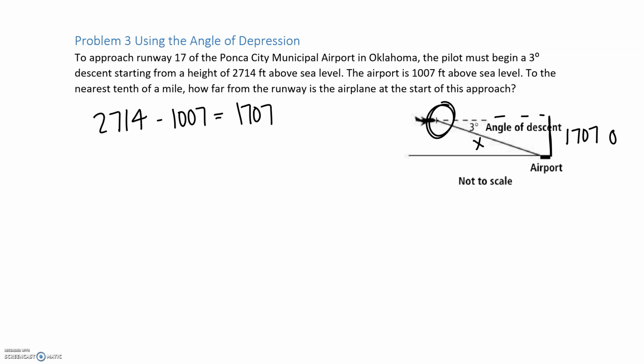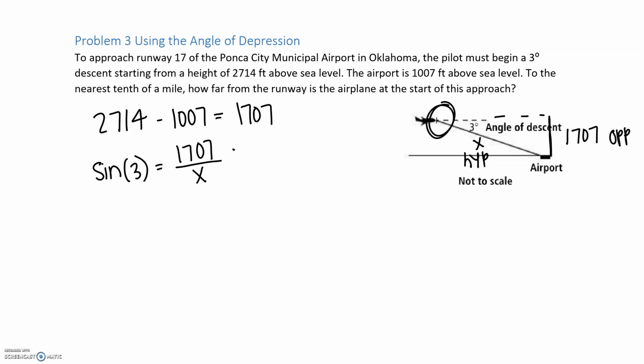So right now we have an opposite side and we have a hypotenuse. Okay, so if we're using opposite and hypotenuse, when we use SOHCAHTOA, we're going to use our sine. So we're going to have the sine of 3 equals our opposite, which is that 1707 over our hypotenuse, which is x.